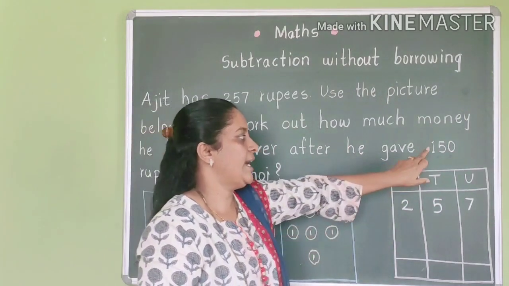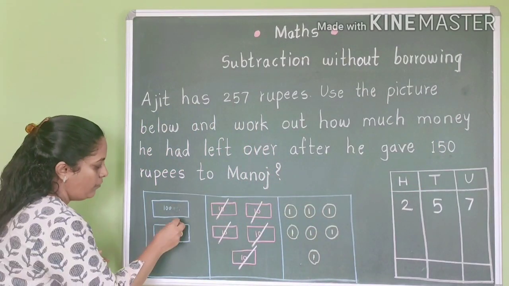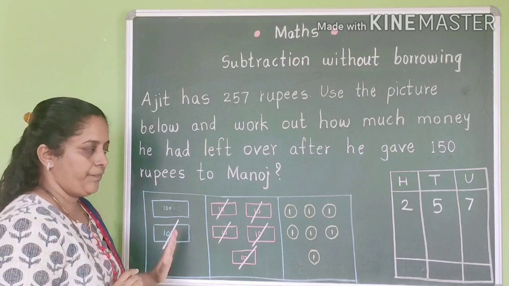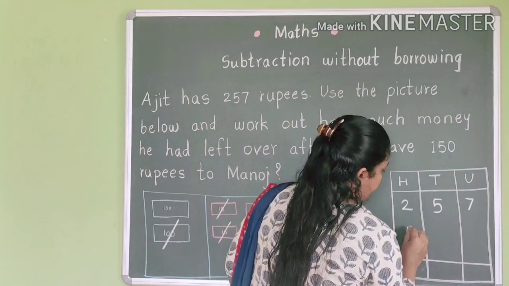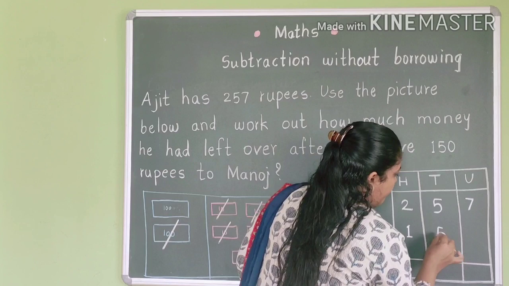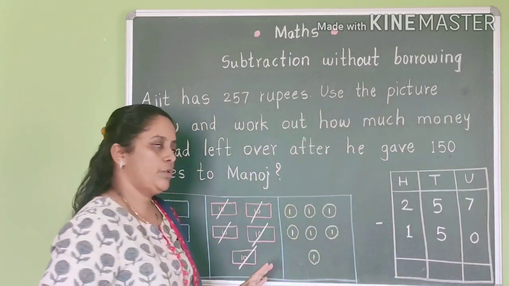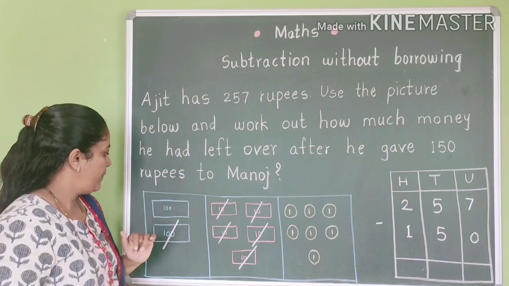Very nice, there is 1 hundred. So he gave only one note of 100 rupees to Manoj. So let's write it here. He gave 150 to Manoj. So let's see how many notes remained with Ajit.